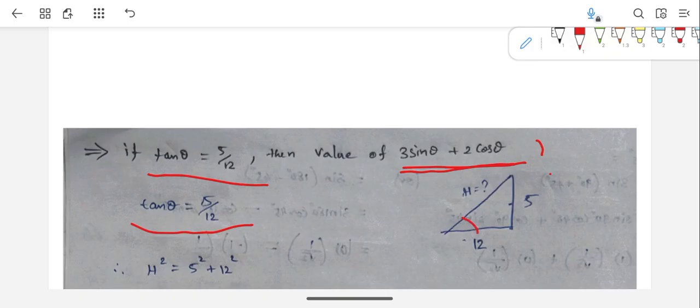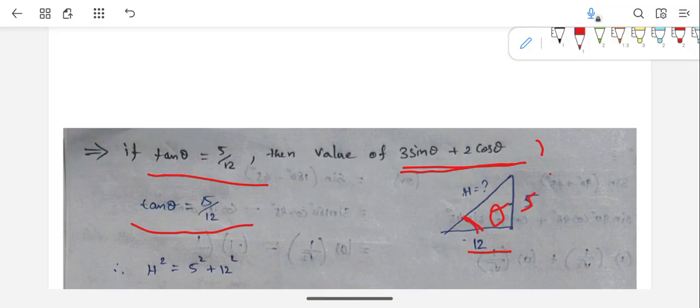Let's take the right angle triangle I have drawn. Let's say this angle is theta. Tan theta is 5 by 12, which means opposite by adjacent is 5 by 12. So you can keep opposite as 5 and adjacent as 12. Now you can easily find the hypotenuse h using the Pythagoras theorem.